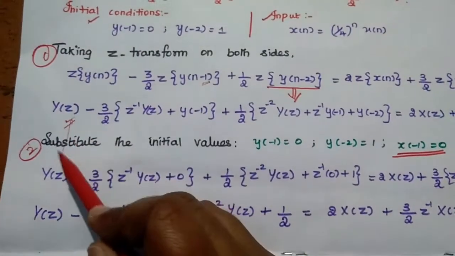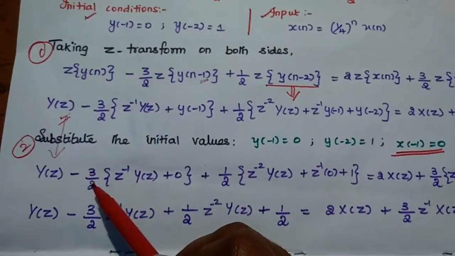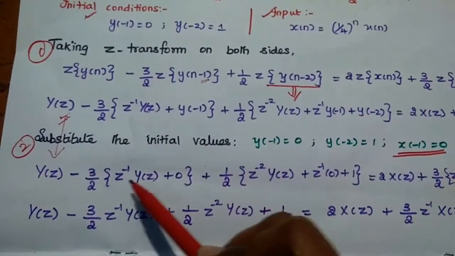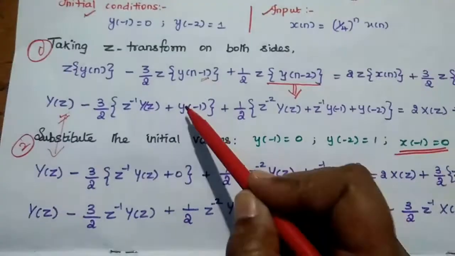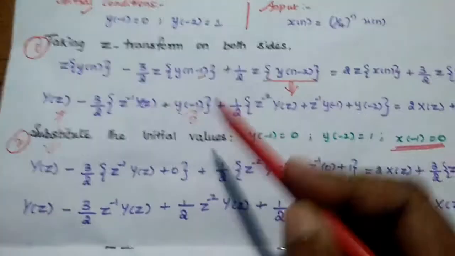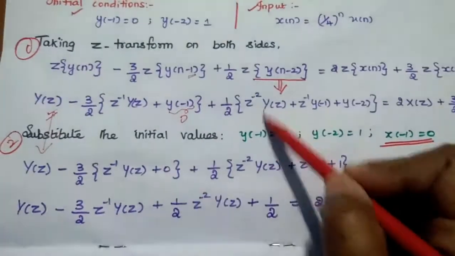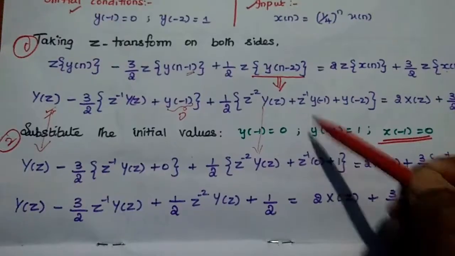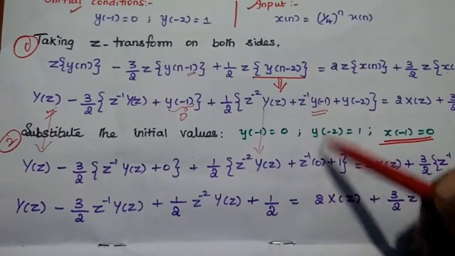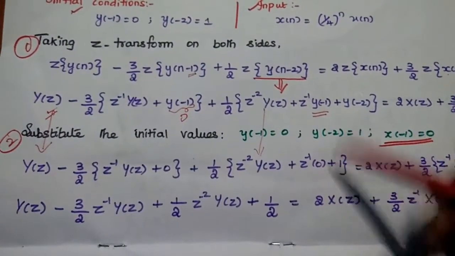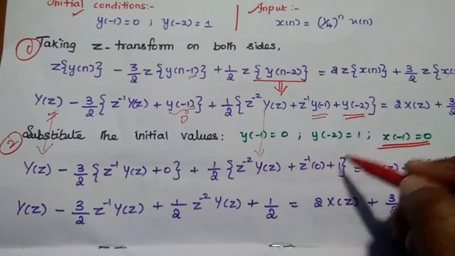So y of z as such, and next minus 3 by 2 z power minus 1 y of z plus y of minus 1, whose value is 0, plus 1 by 2 z power minus 2 y of z as such, plus z power minus 1 times y of minus 1, which is 0, plus y of minus 2, whose value is 1.